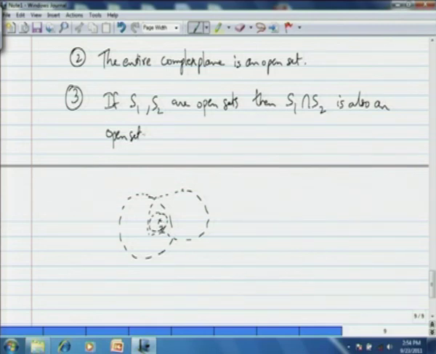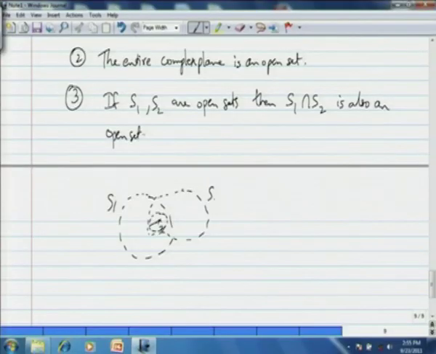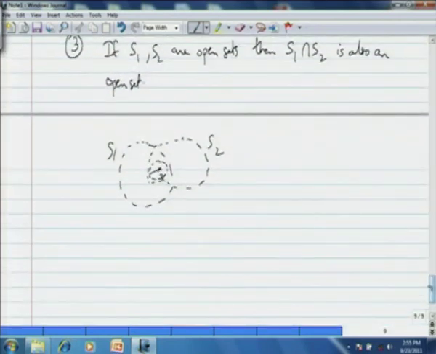The radius of this ball can be chosen so that it is the minimum of the radii of the ball around z in the set S1 and the ball in S2 around z. So, a proof of this fact is left to the reader, or to the viewer rather. So, the proof of 3 is a good exercise.